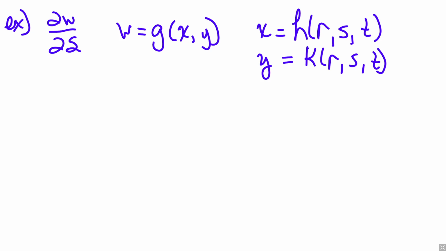So when we do our tree diagram, what variable is going to be on top? It's going to be w. What variables are going to be in the middle? x and y. What variable is going to be on the bottom? s. So we're going to have a branch from here to here.